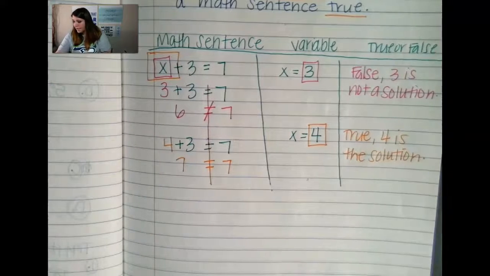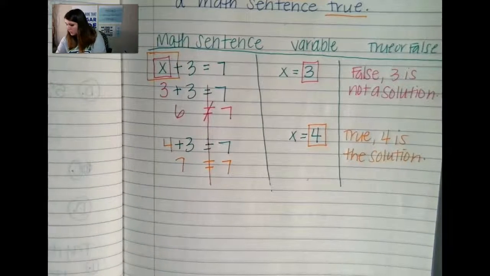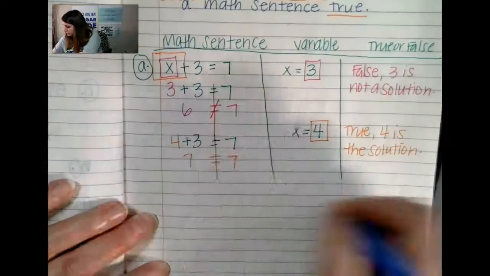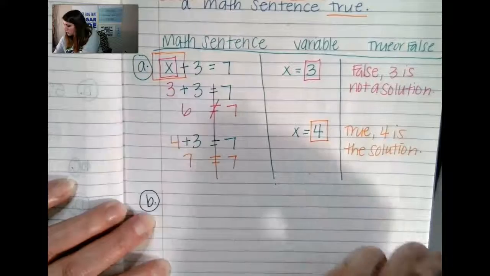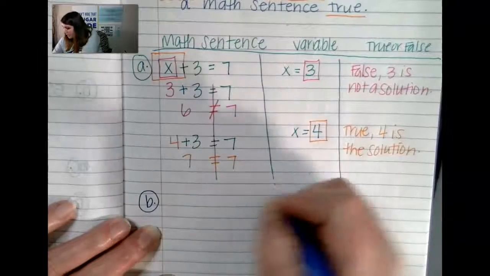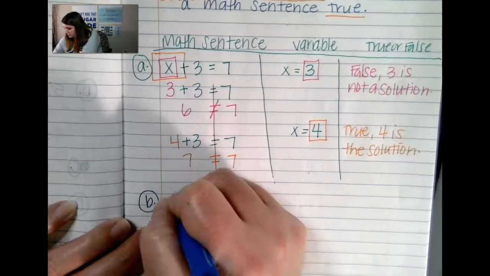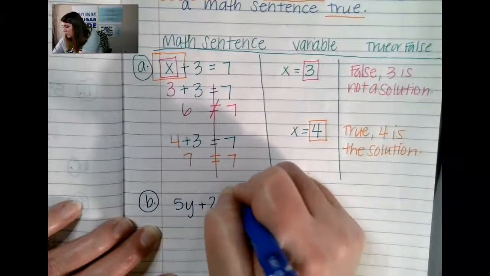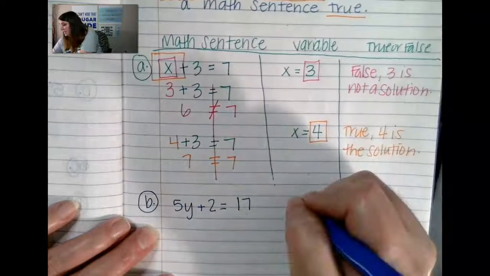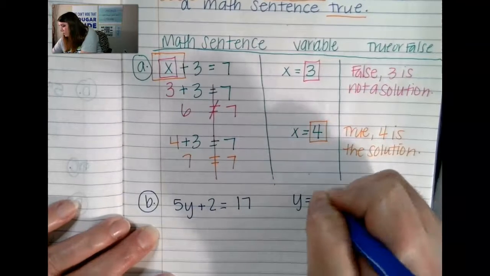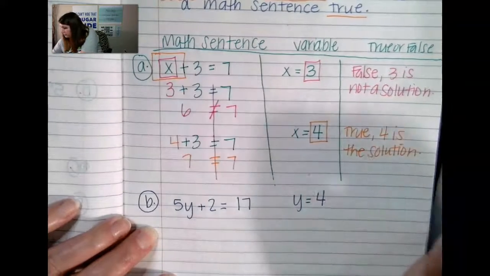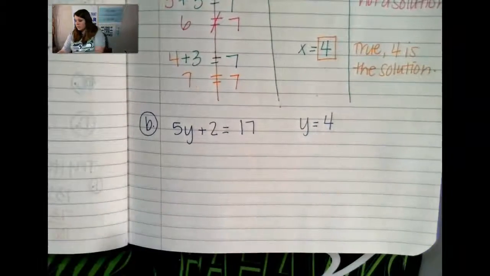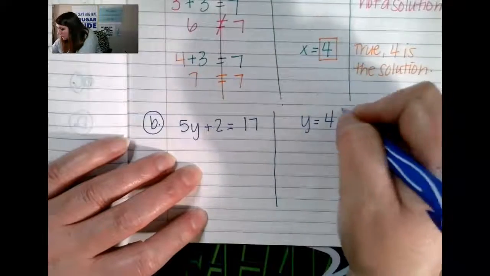Let's go problem A. All right, now we have problem B. So problem B, let's say that we have 5y plus 2 equals 17, and they say that y equals 4. And we want to know, is the solution going to be true?